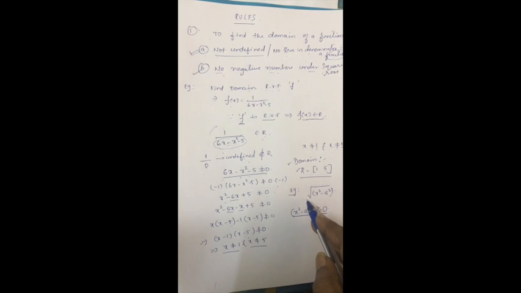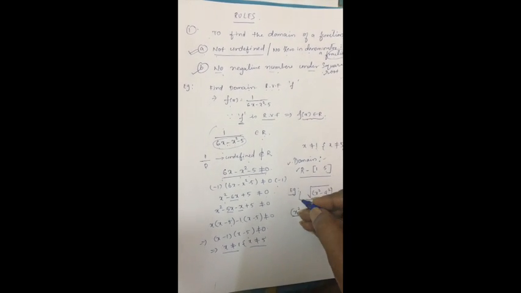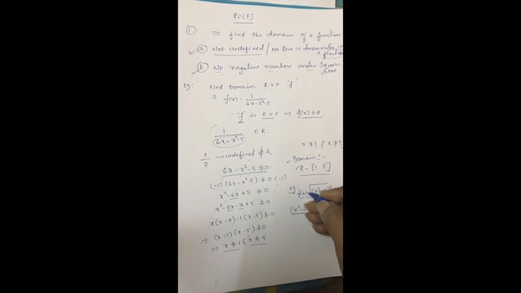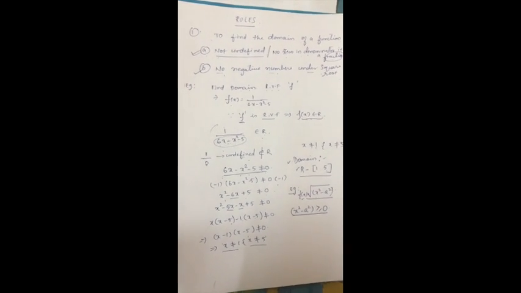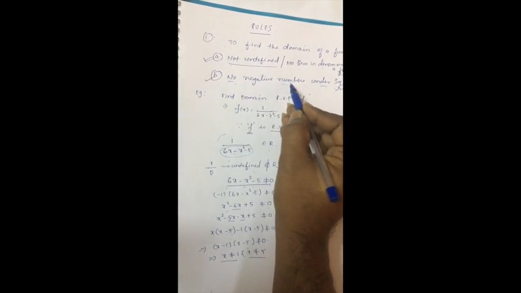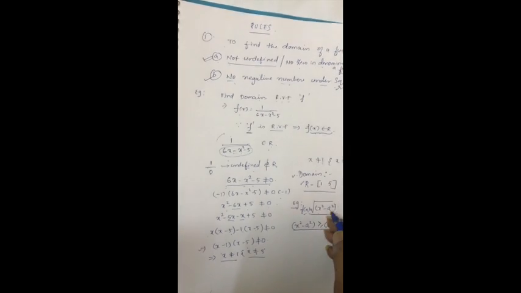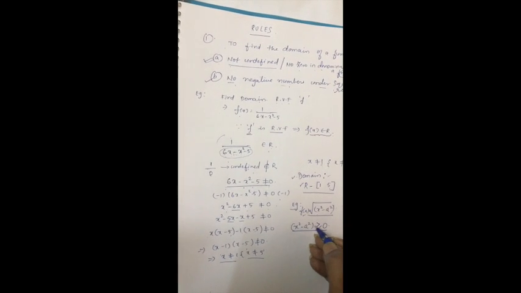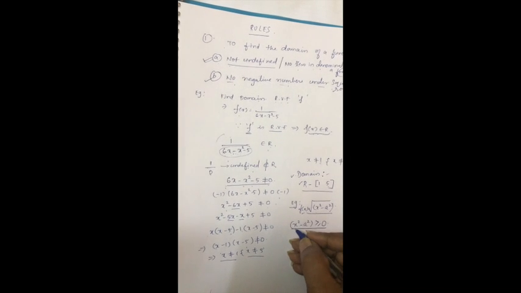Similarly, without solving another problem, just noting down the situation, if the problem is given as something like this, f of x is root of x square minus a square, where x is a real number. Now here, take the second rule, no negative numbers under the square root. So it should always be positive. It also can be 0. Therefore, x square minus a square is greater than or equal to 0, and solve it in a similar fashion.